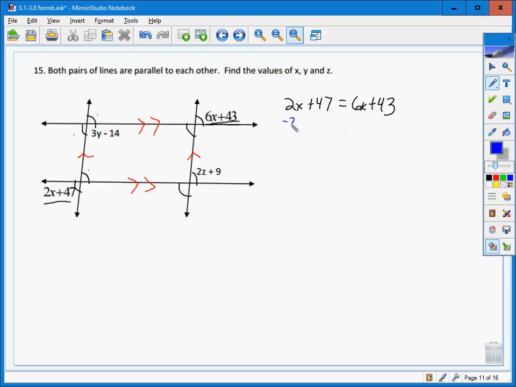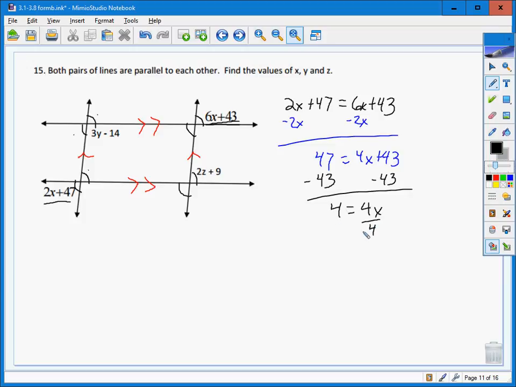I'm going to go ahead and subtract 2x from both sides. I now have 47 is equal to 4x plus 43. Subtracting 43 from both sides, I have 4 equals 4x. And when I divide by 4, I find out that my x is equal to 1.